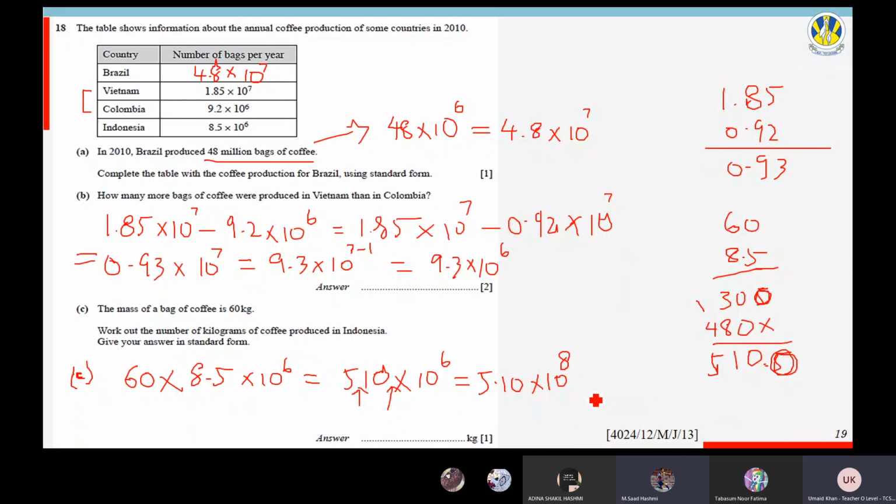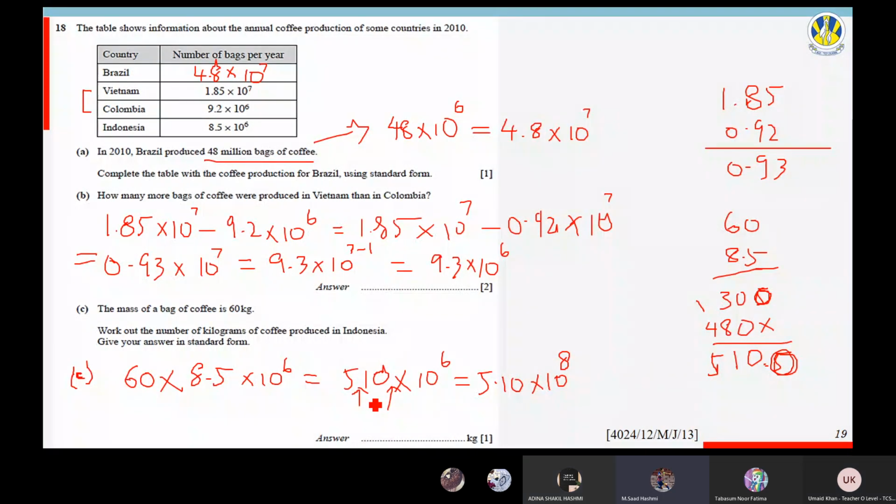See, whenever there is no decimal in the number, it means the decimal is at the end. No, sir, I'm saying that when we have moved the decimal 2 places left, there is no power of 0 after the decimal. But there is one, a 1 after 5. Wouldn't it be considered as 10 raised to power 7? No, it will not be considered like that. This 0 at the end is significant before the decimal.